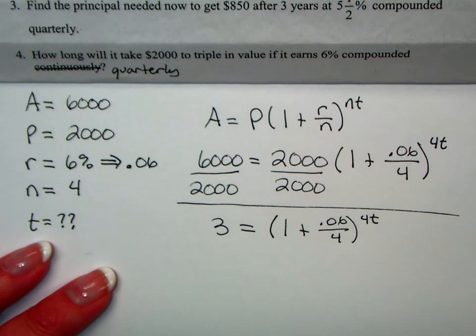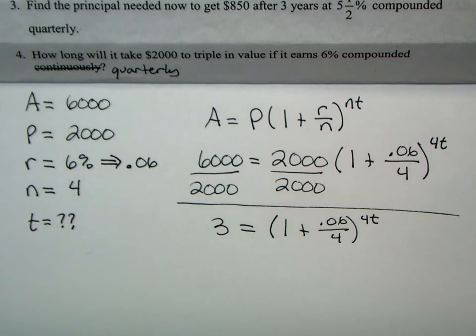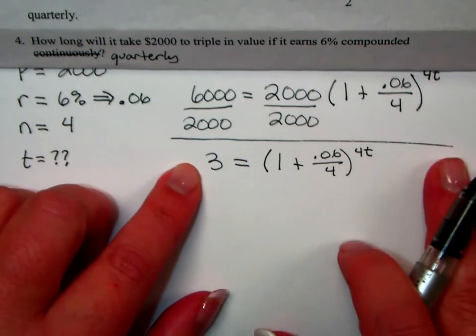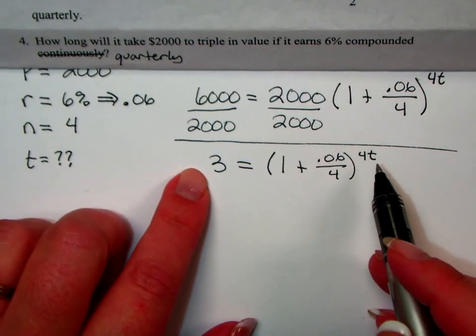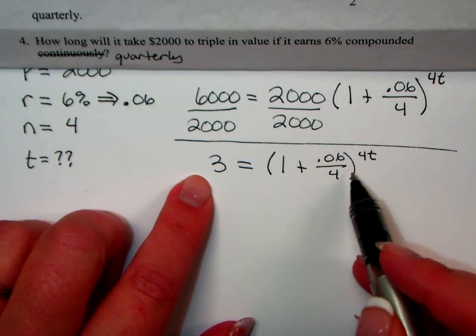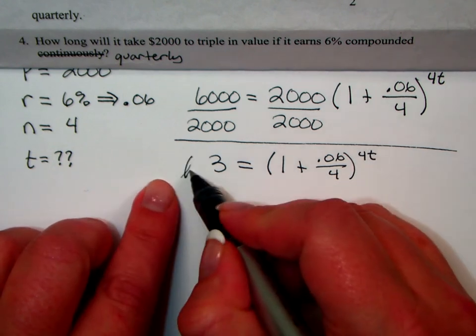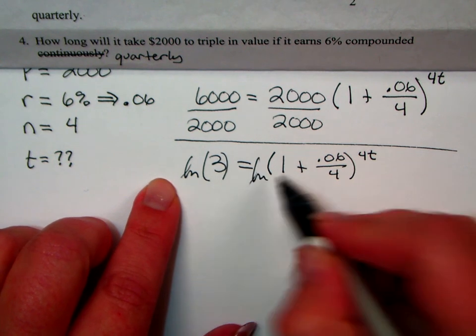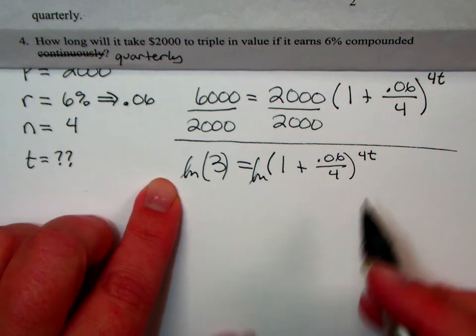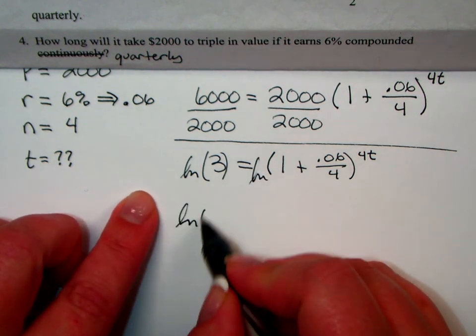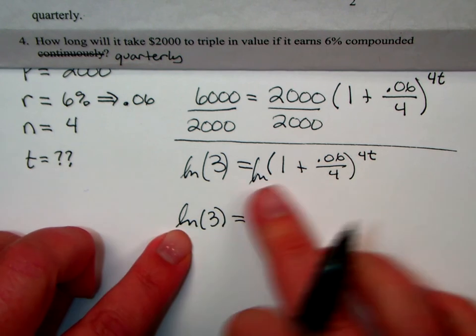If this is beyond your understanding, you can stop listening at this point. I want to show you that when the variable is in the exponent, we have to ln this function. So I'm going to ln both sides.